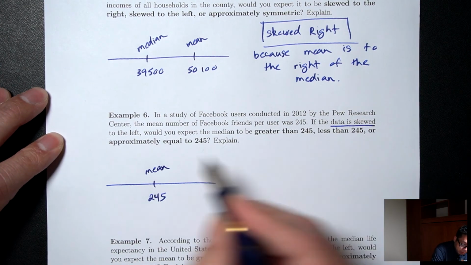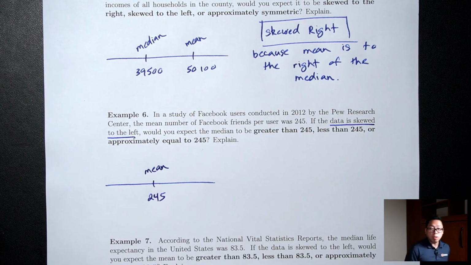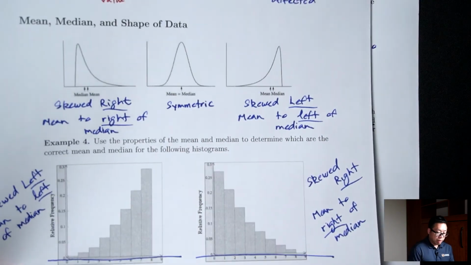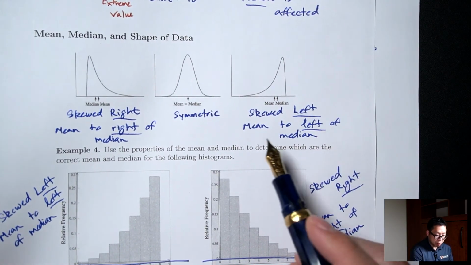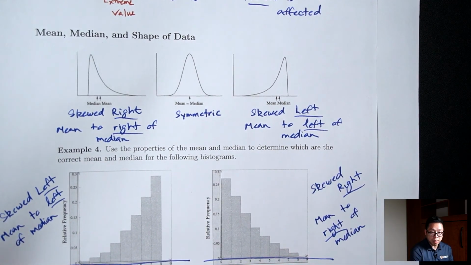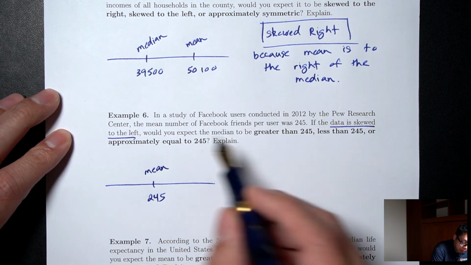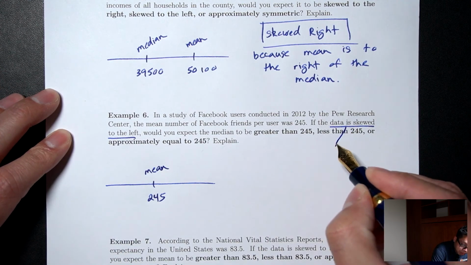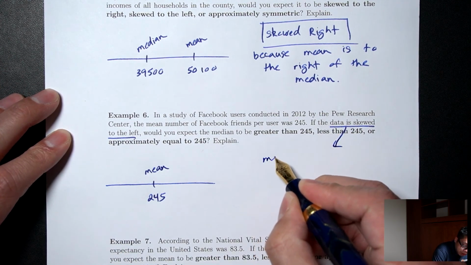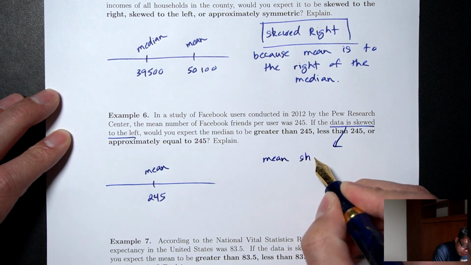And what do I know about data that's skewed left? I know that skewed left means that the mean is to the left of the median. So what this skewed left part is telling me is that the mean should be to the left.